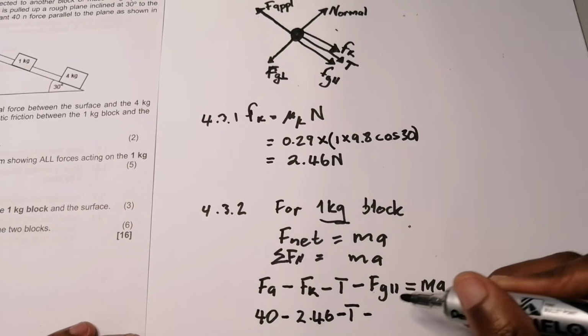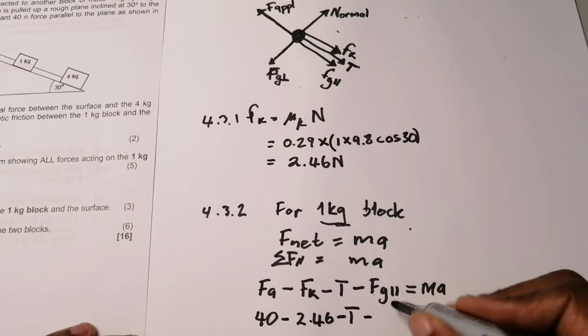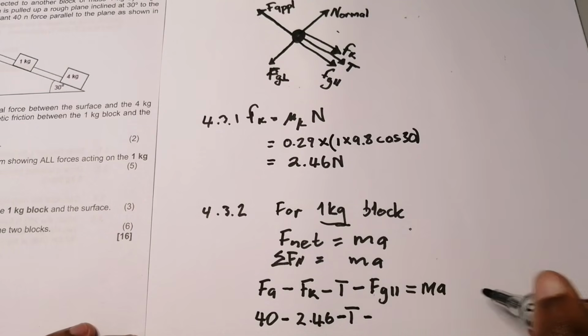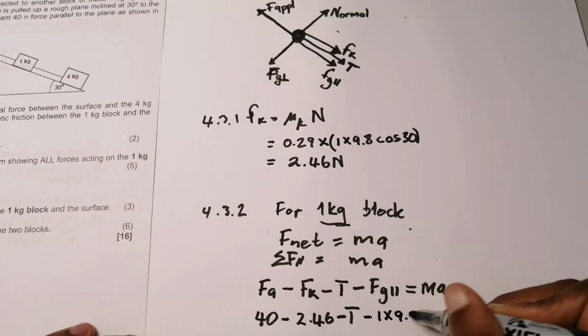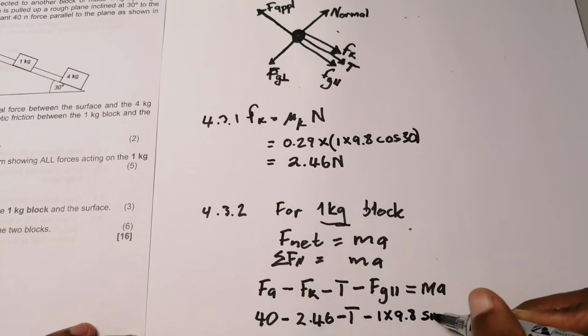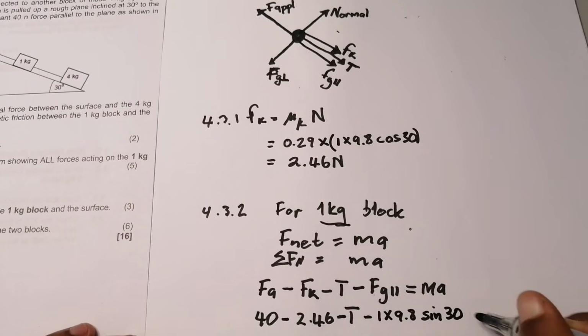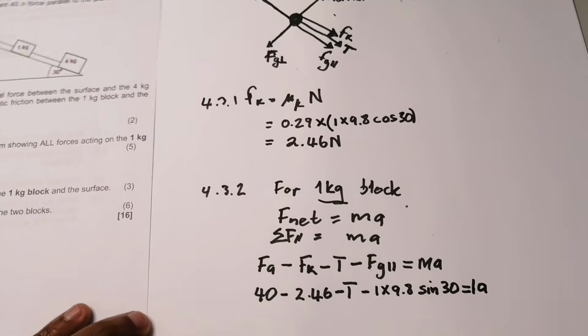And remember that parallel component, we said this is equal to mg sine theta. So this is 1 times 9.8 sine of 30. Okay, this is equal to 1 times a. We don't know what acceleration is, right? So 1 times a, mass times acceleration.